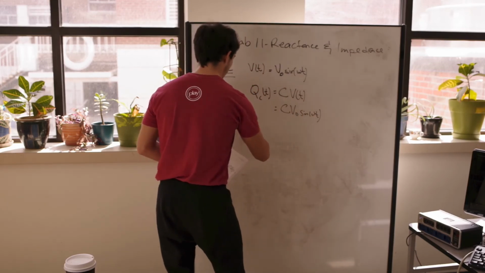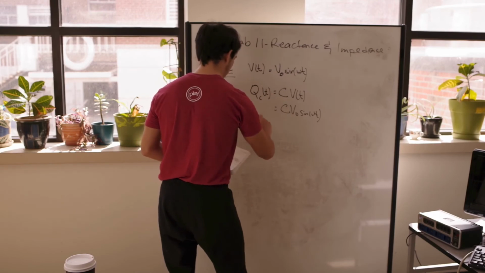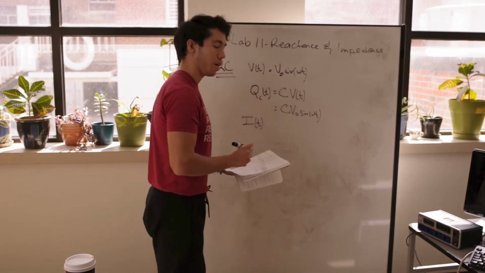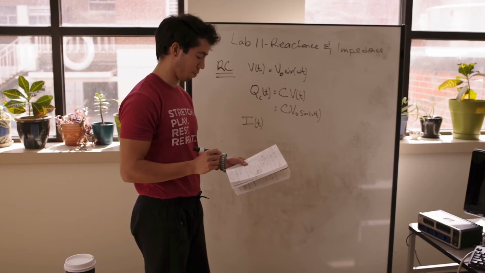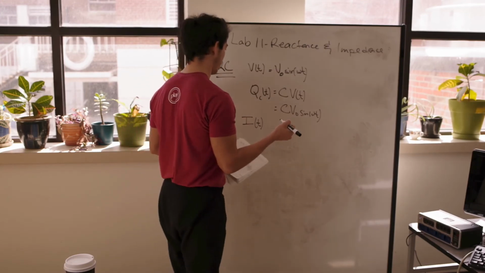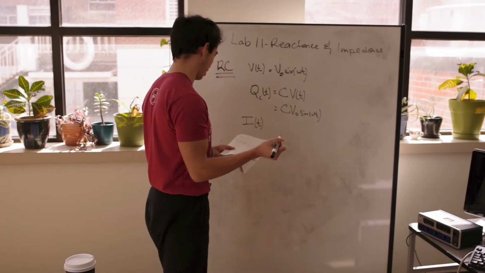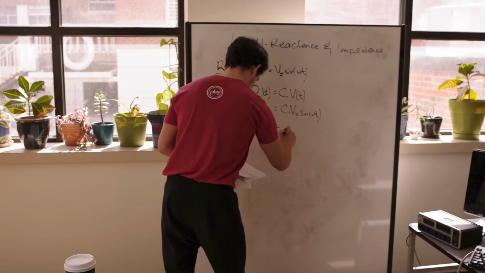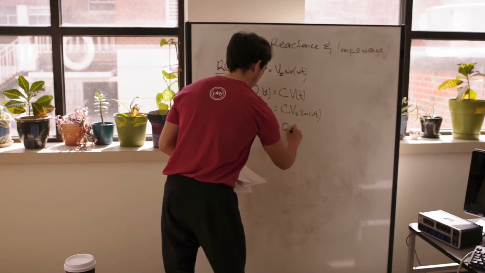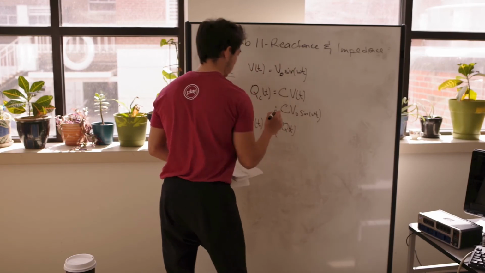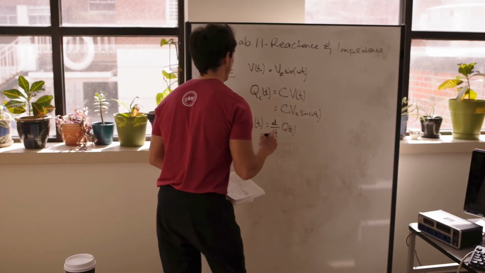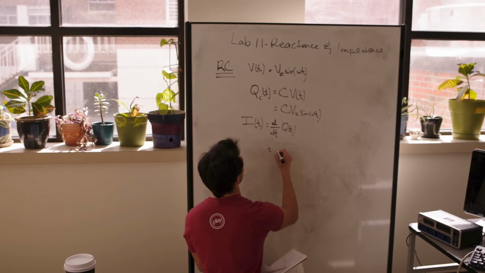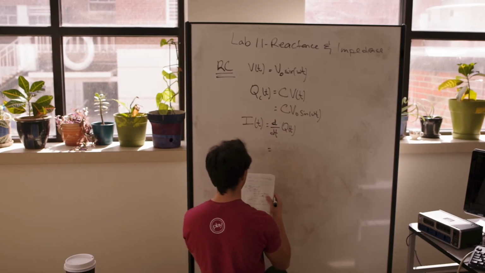We also know the current, and this is where the time derivatives come in. The current is the time rate of change of the charge, so it equals dq/dt. That's all the current is. We have an expression for q, so we just take the time derivative of that.